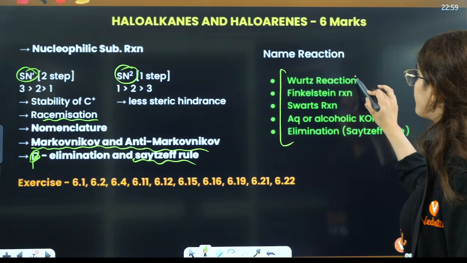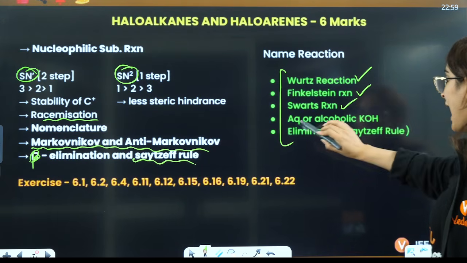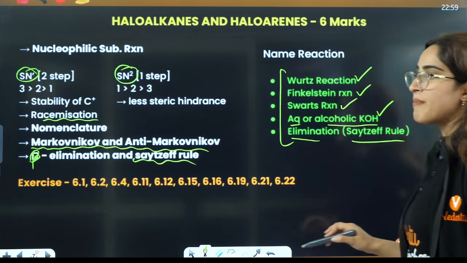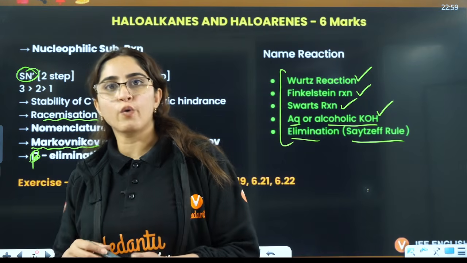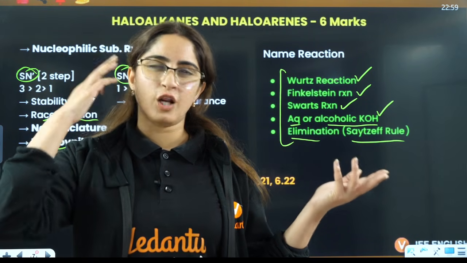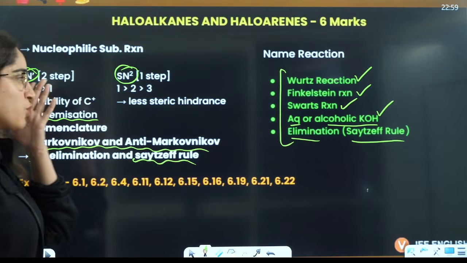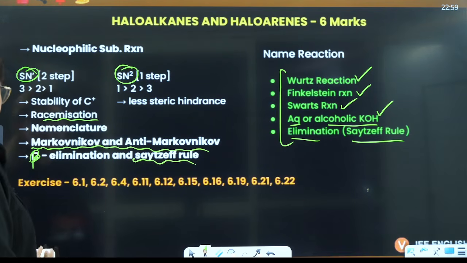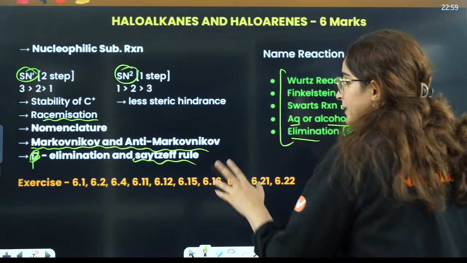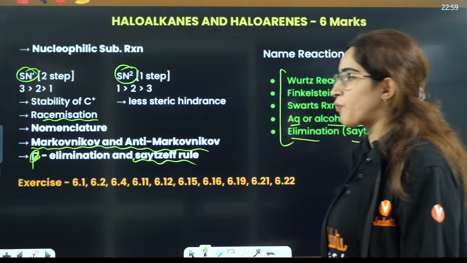Naming reactions are Wurtz, Finkelstein, Swarts, aqueous KOH versus alcoholic KOH, the difference here, elimination by alcoholic KOH or dehydration by concentrated H2SO4. All of them are asked here, right? Then I am giving you these exercise questions, okay? This PPT, this PDF will be provided to you, right?